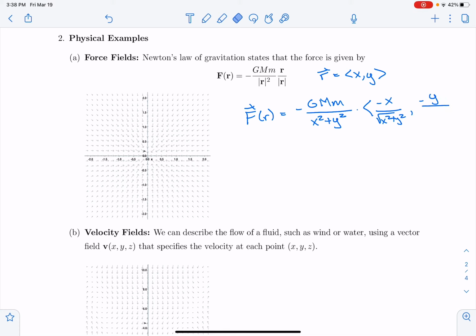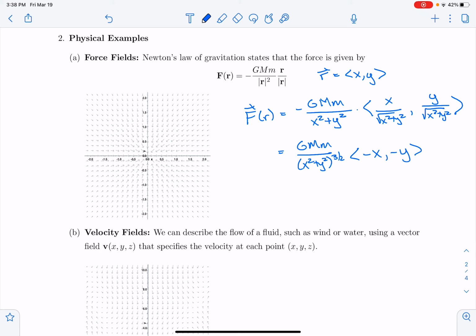Sorry, those minus signs are already out front, over the square root of x squared plus y squared. Another way I might want to write this is, say, G m over x squared plus y squared to the 3/2 times negative x, negative y.